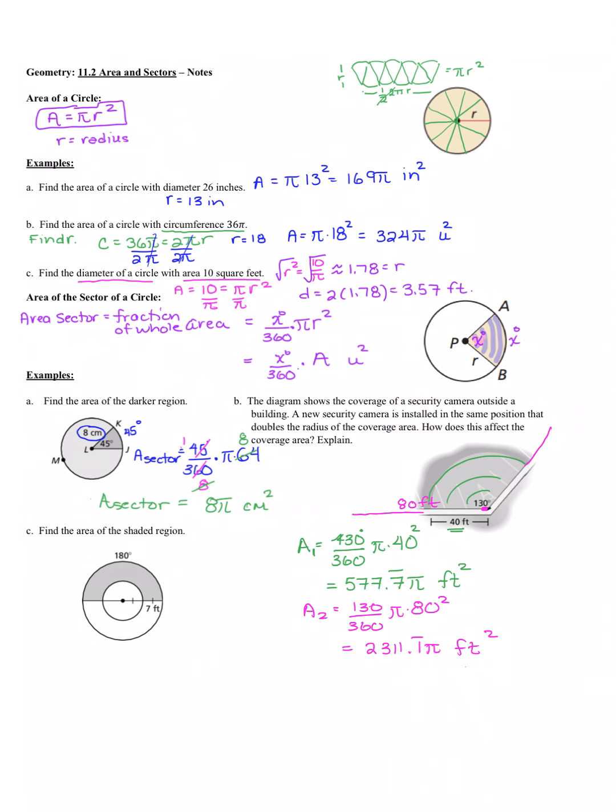And we want to know, how does it affect the coverage area? So in other words, look at what we had to do to the radius. We're squaring that radius. So if I were to make a ratio of area 2 to area 1, what you would find, it's kind of amazing.